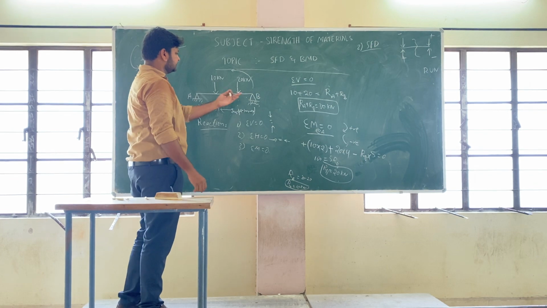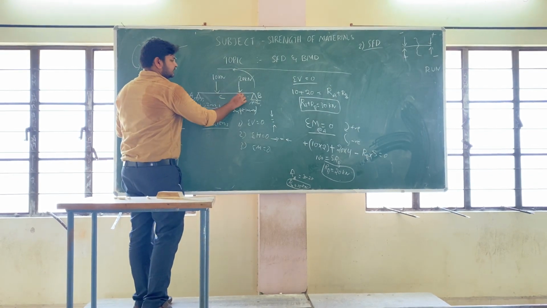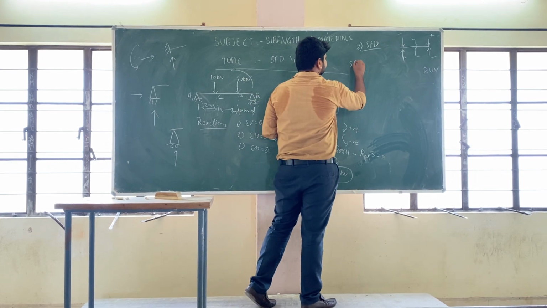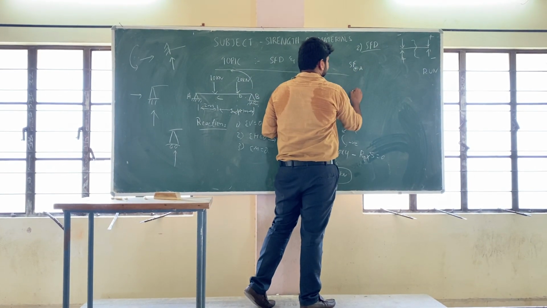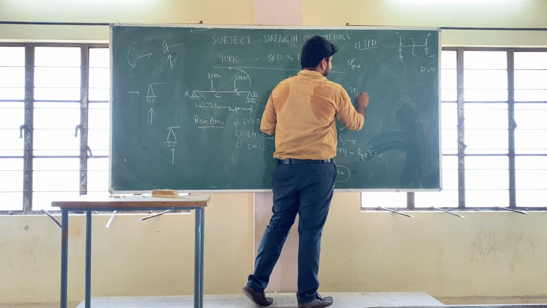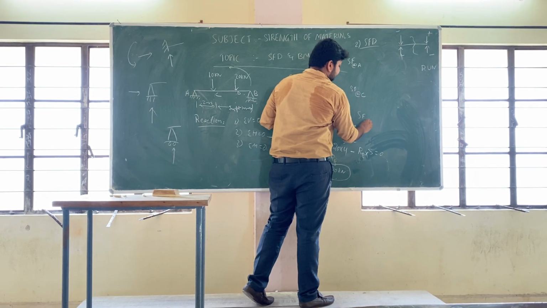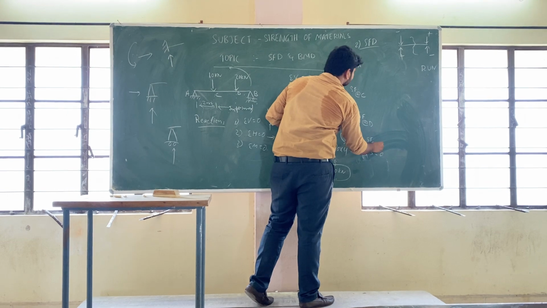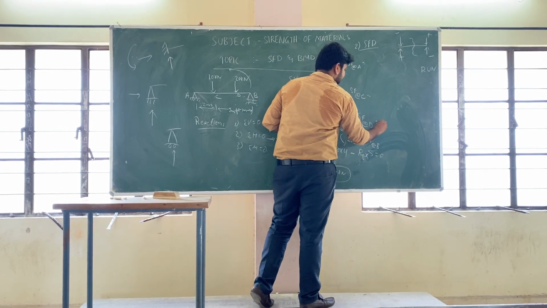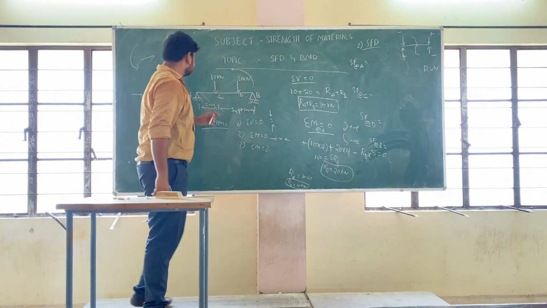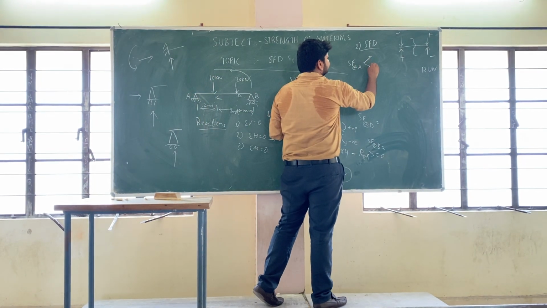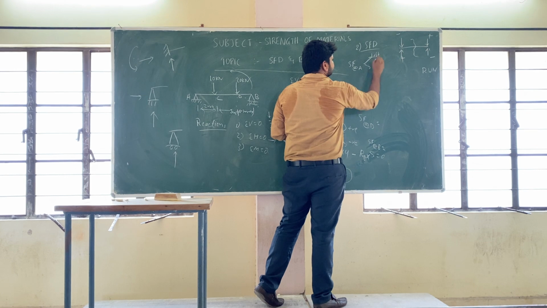So this is B. Keep this point as C, keep this point as D. Now find out shear force. Shear force at A, shear force at C, then shear force at D, shear force at B. Next, shear force at A, draw. Now again calculate left, right.